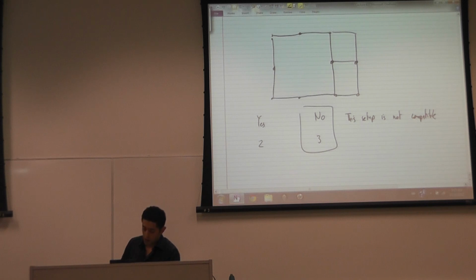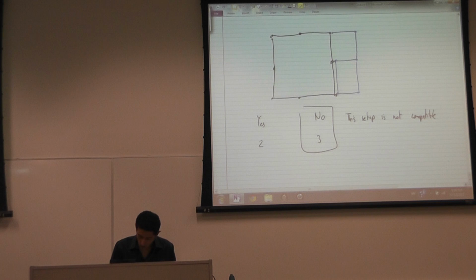So why is this setup not compatible? This element can only deform, keeping its sides straight. This element deforms by having its sides curved. So for example, I can have a curve. So let's maybe give the elements different colors. These are linear elements when they deform.